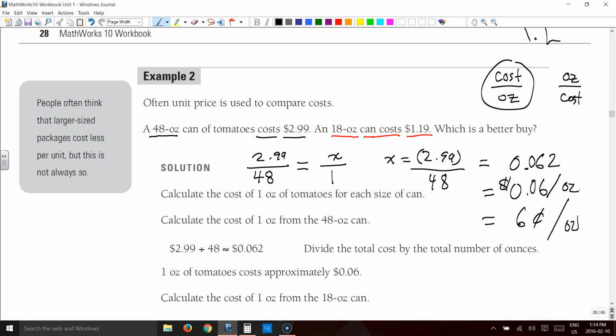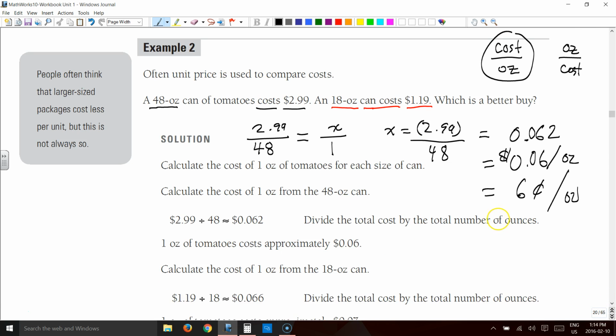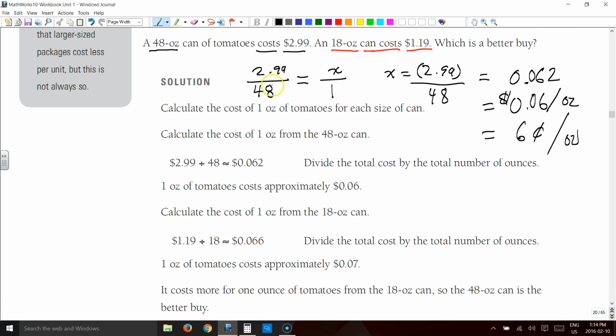All right, let's do the second one and compare at the end which one of these is a better deal. So we have dollars on top, ounces on the bottom. So $1.19 for 18 ounces is equivalent to how much money for 1 ounce.